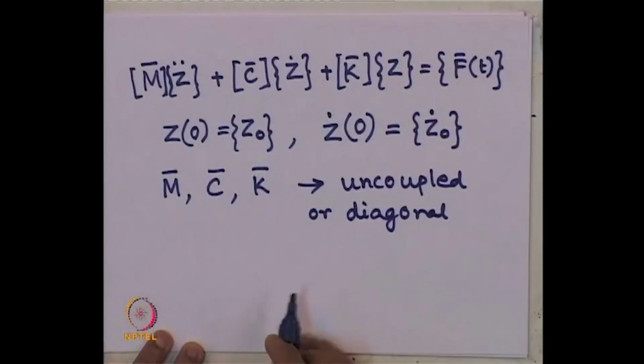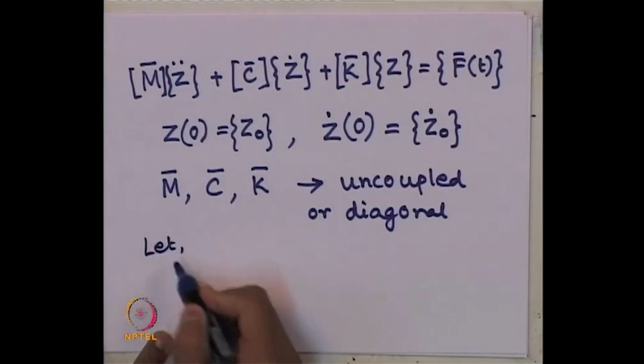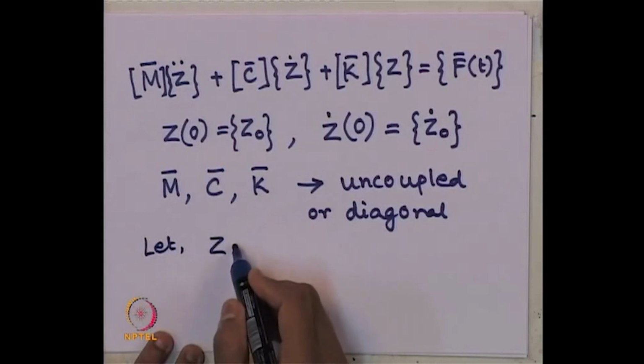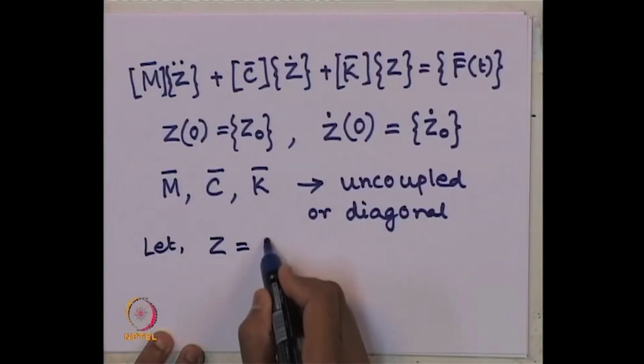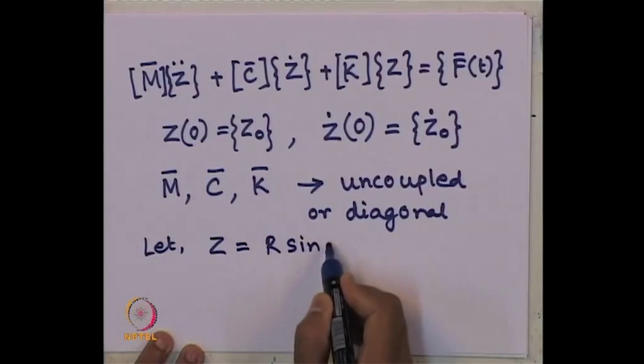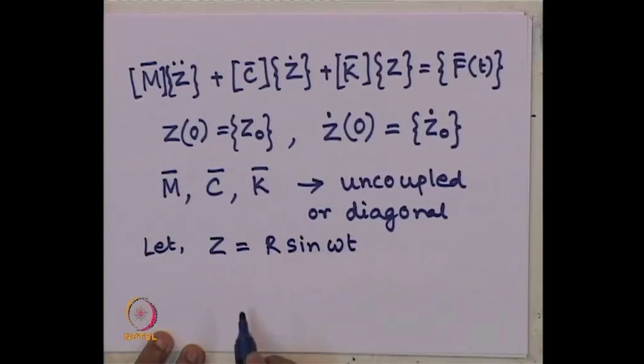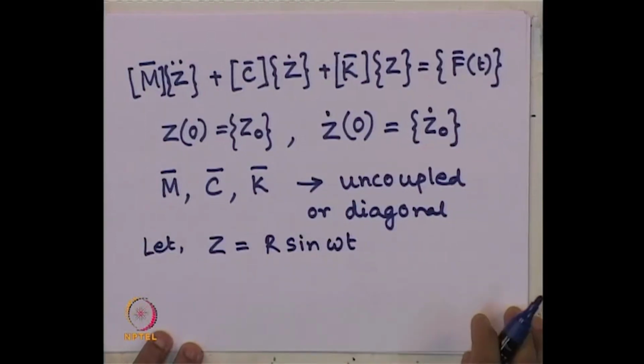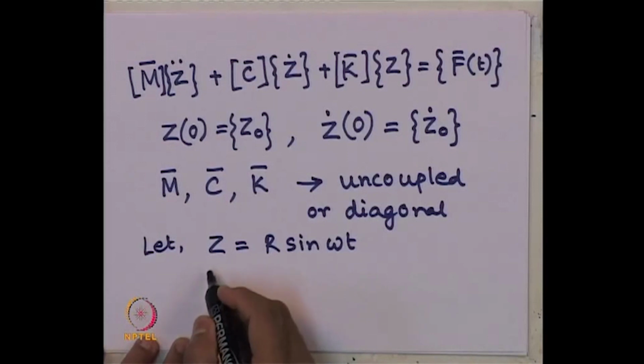Now, the form of solution, let us consider it is given by z equals r sin omega t, the form of the solution for the system. What does it mean? That means these are vectors.